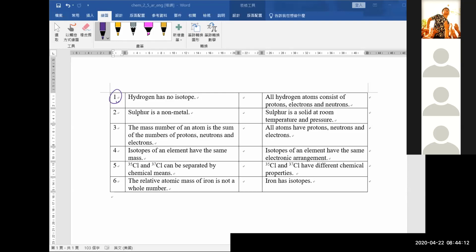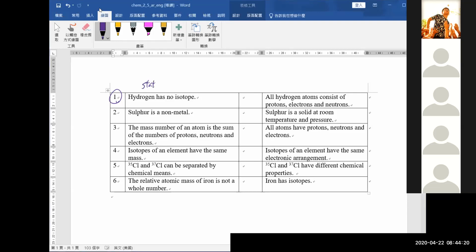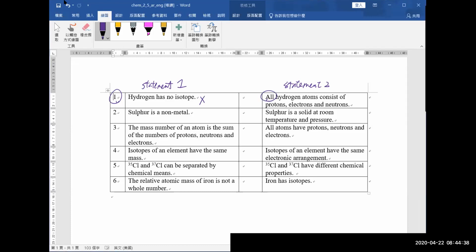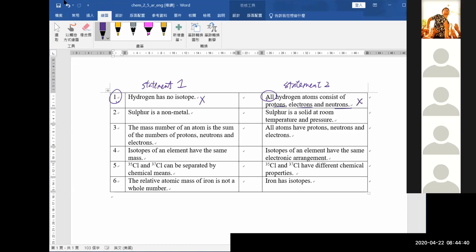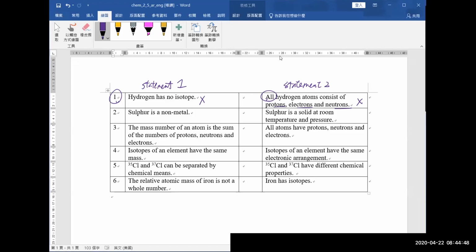We have two statements, and you have to tell me whether it is A, B, C, or D. Both are false. No isotopes is not correct. Can you tell me what the isotopes of hydrogen are? All hydrogen atoms consist of protons, electrons, and neutrons is also wrong. How many types of isotopes do we have for hydrogen? Do you know?